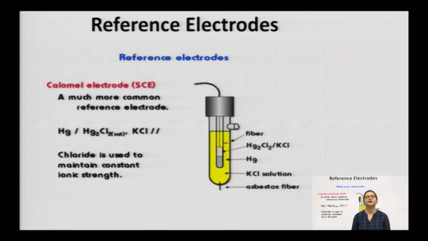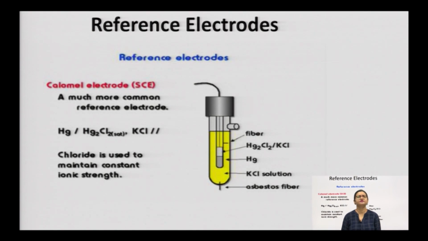Then the third type of reference electrode is the standard calomel electrode, or mercury electrode. It forms a mercury chloride electrode in which the mercury is dipped in a solution of KCl. This is the standard calomel electrode.